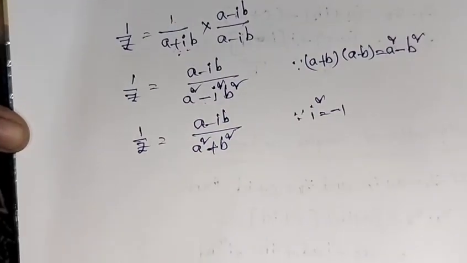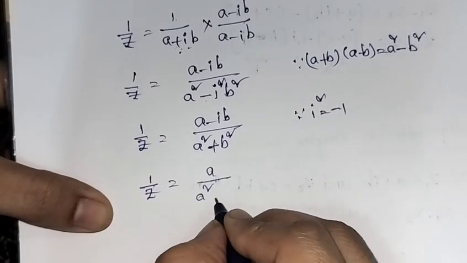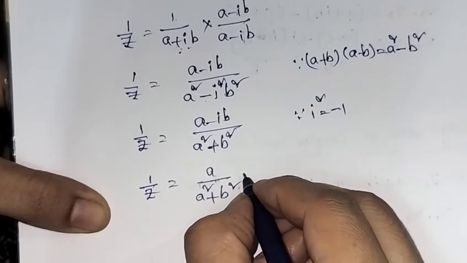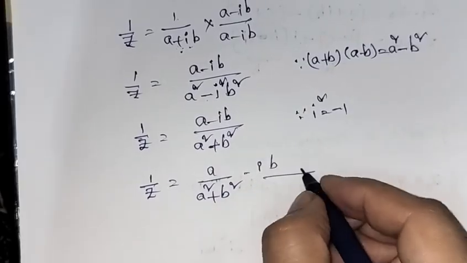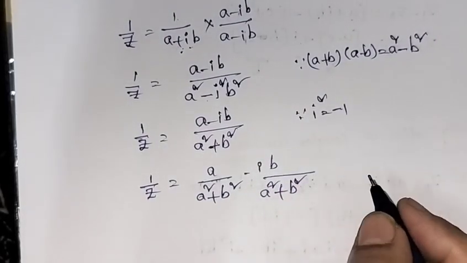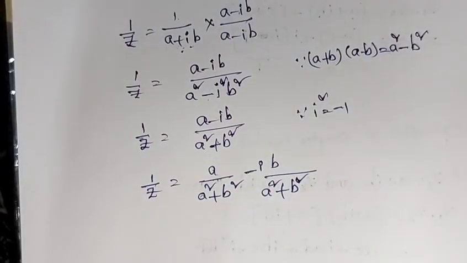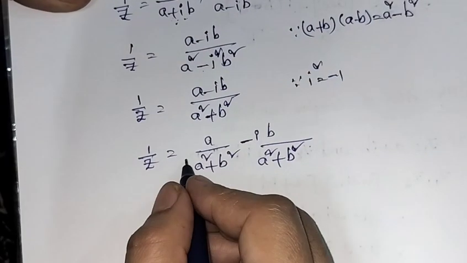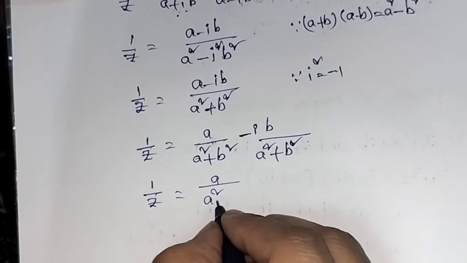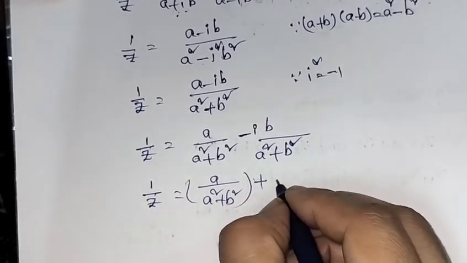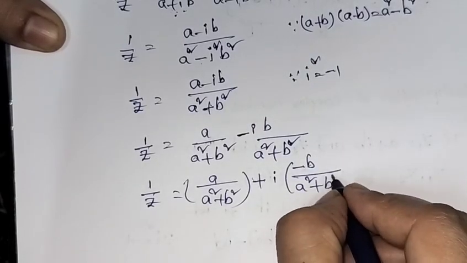1/z = a/(a² + b²) - ib/(a² + b²). You can write it like this: 1/z = a/(a² + b²) + i(-b/(a² + b²)).